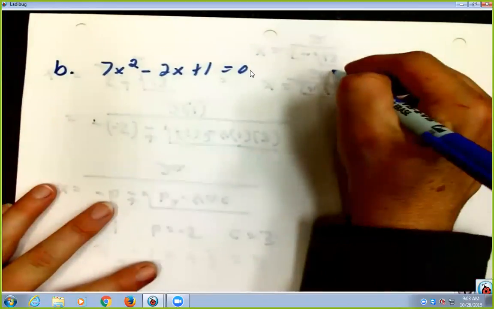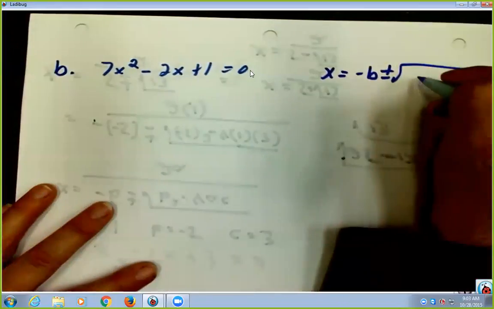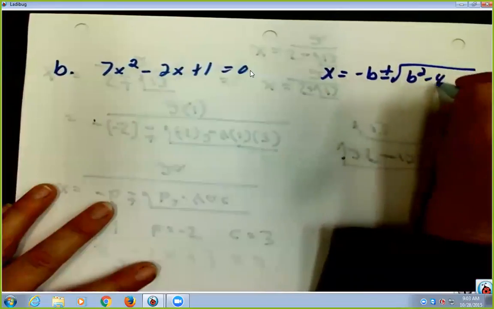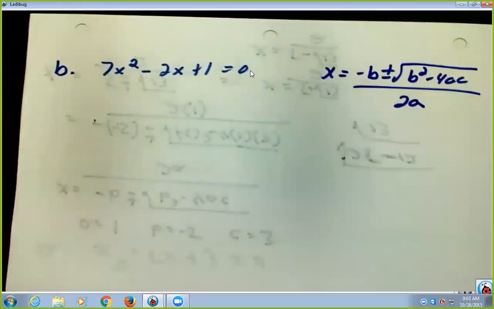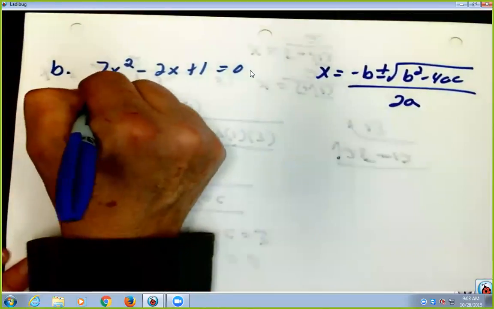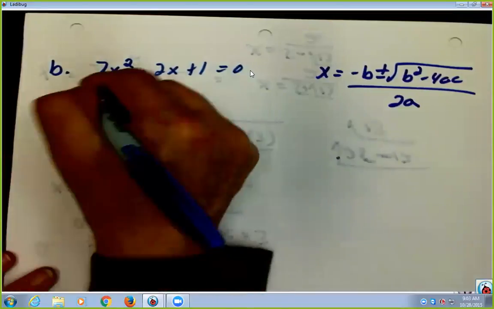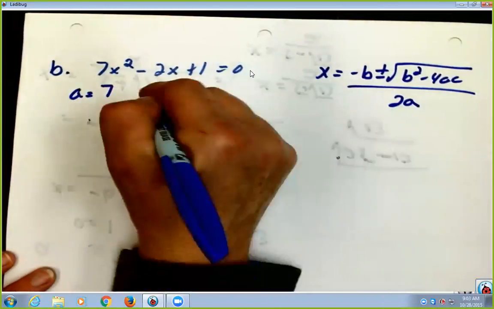Our formula again is x equals negative b plus or minus the square root of b squared minus 4ac all over 2a. And again, you need to know that. I'm not going to give it to you anywhere, so you will not have it when you work with these. So identify my pieces. So what's A? A is 7.